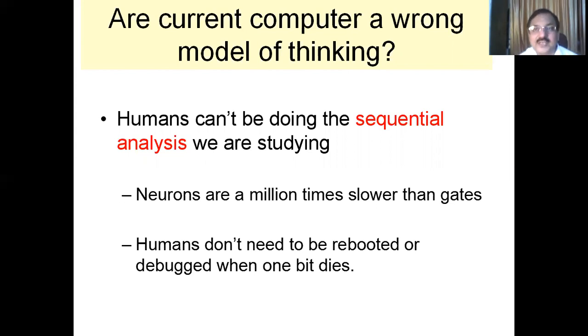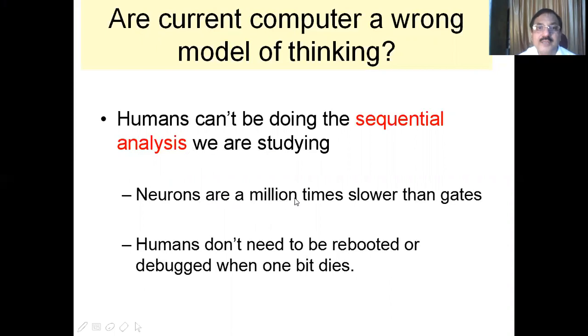This artificial neural network, by using this kind of function, gives some output, but this output is not as per our expectation. The current computer model of thinking is wrong, because a human is not doing sequential analysis; many neurons are acting simultaneously.